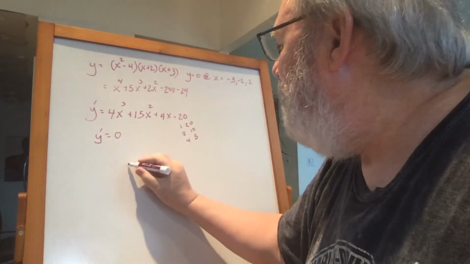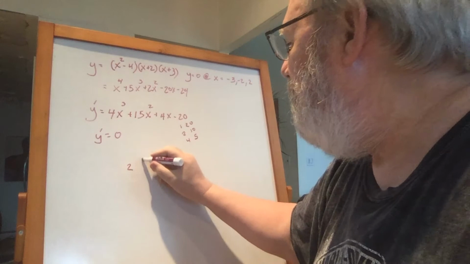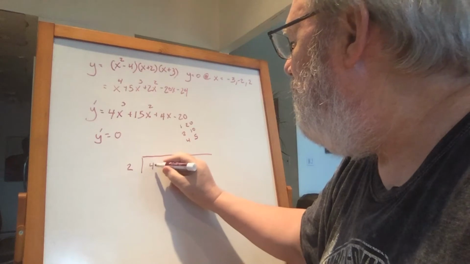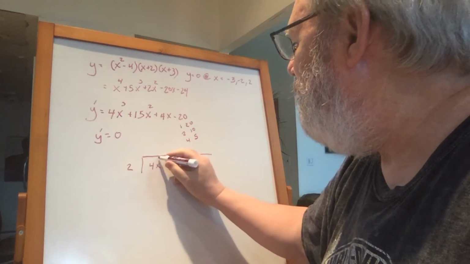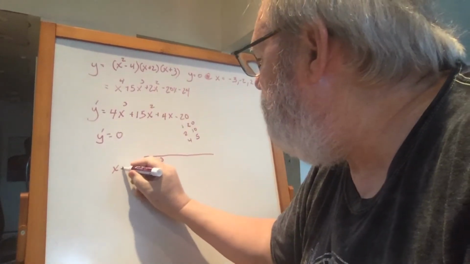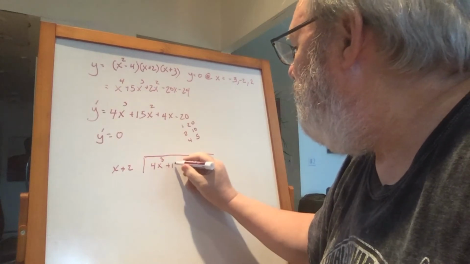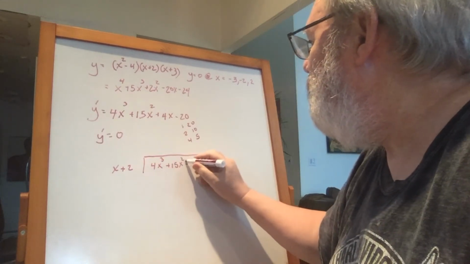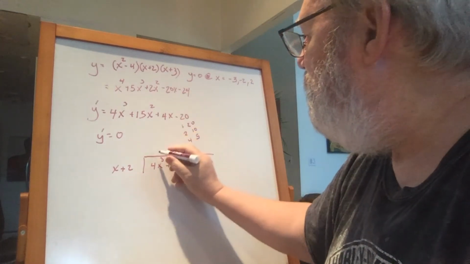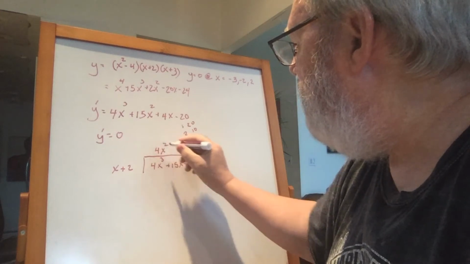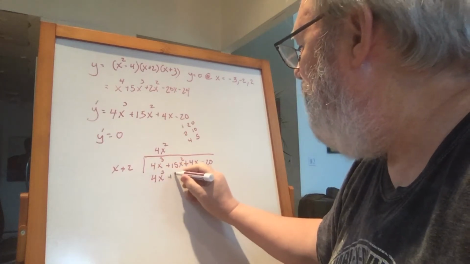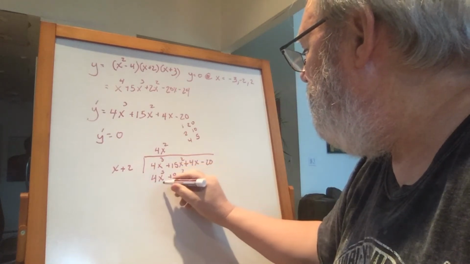So 2 into 4x to the third. We're going to say x plus 2. X plus 2 plus 15x squared plus 4x minus 20. So this is 4x squared. That's 4x to the third plus 8x squared.